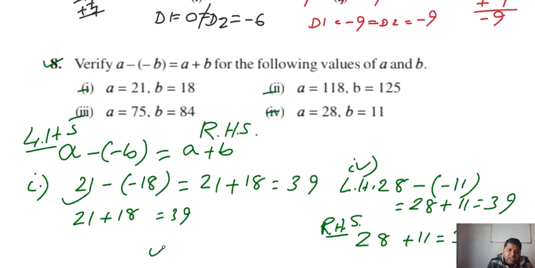Therefore A minus of minus B equals A plus B. When you calculate for 2 and 3, it is obvious that A minus of minus B equals A plus B.